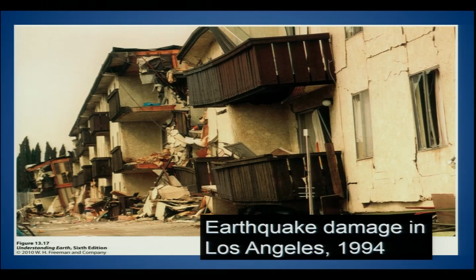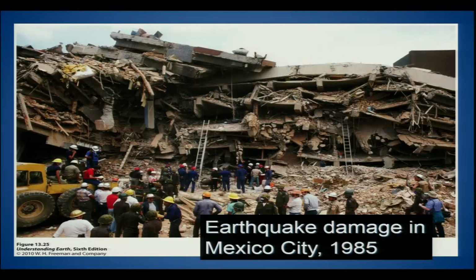So, for example, as I told, earthquakes never kill people, but buildings do. These are a few examples which I am highlighting here. This is the earthquake damage which occurred in Los Angeles in 1994. Then coming to the 1985 Mexican earthquake, the pattern of damage you can see.